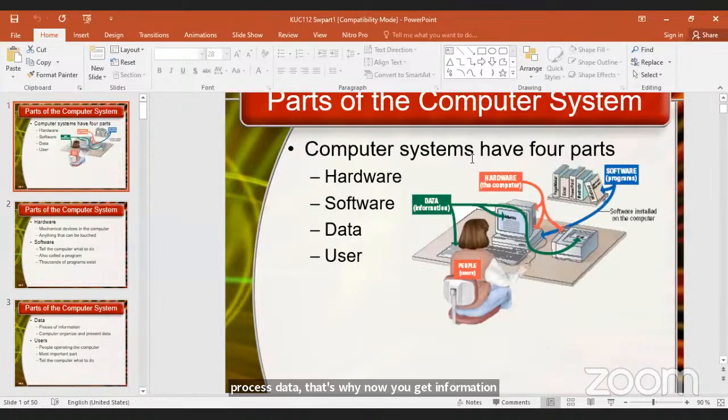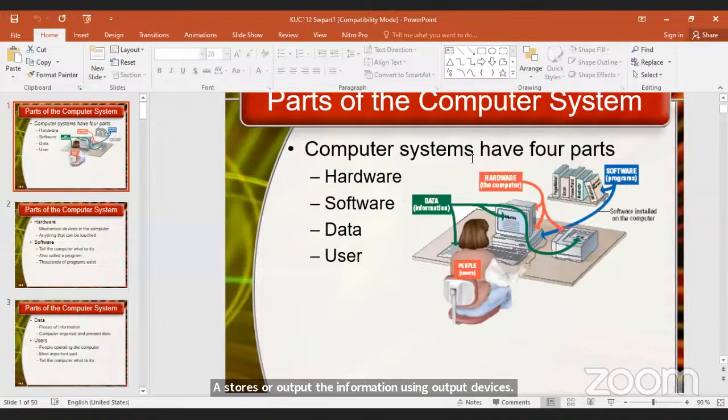And remember, when we are defining a computer system, we mentioned that a computer system takes in data, processes data into information, and stores or outputs the information using output devices.